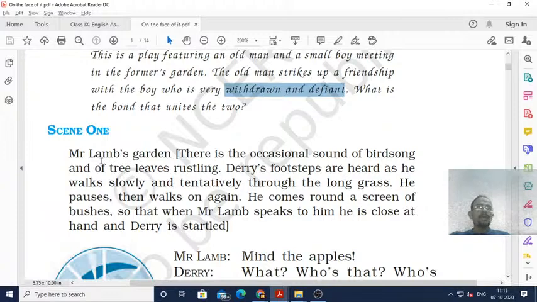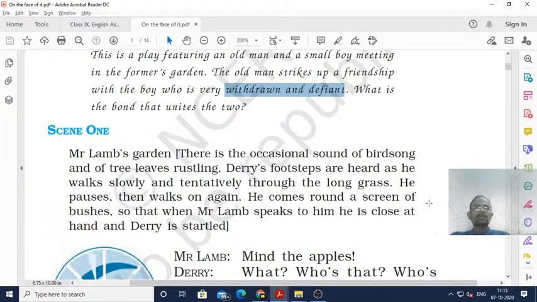Scene 1, Mr. Lamb's garden. There is the occasional sound of bird song and of tree leaves rustling. Derry's footsteps are heard as he walks slowly and tentatively through the long grass. He pauses, then walks on again.